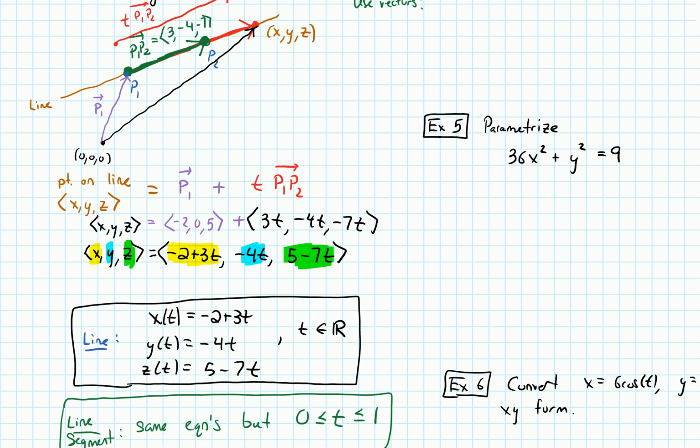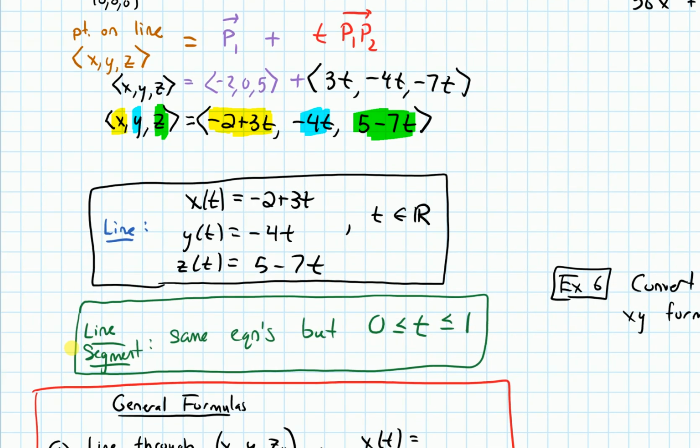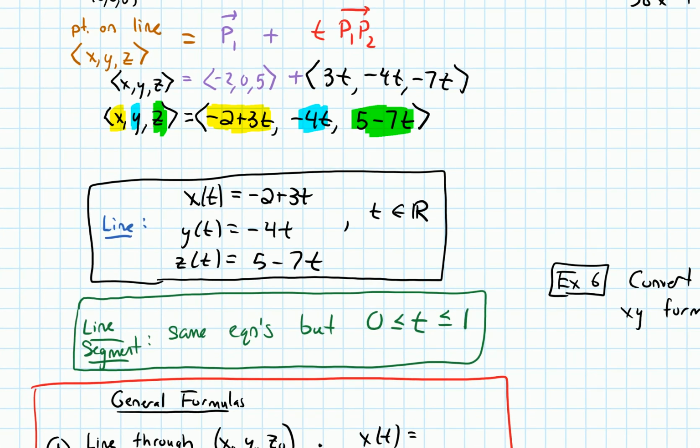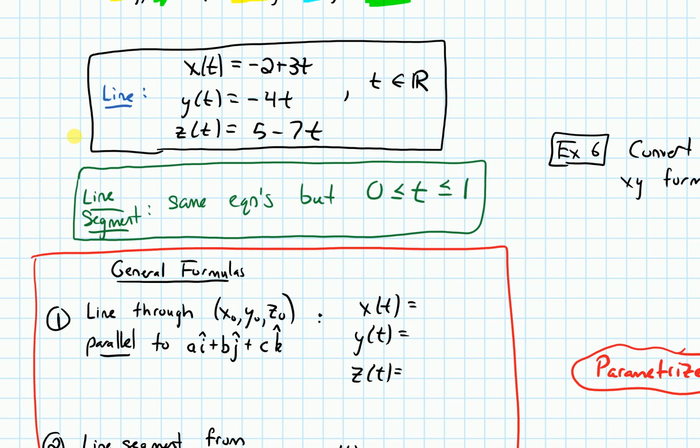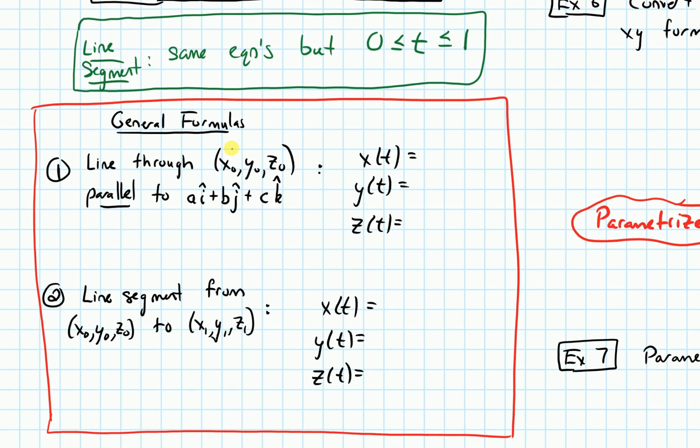Okay, so now that we've done it for this example, we can state the formula in general. Let's write down formulas for first a line through the point x naught, y naught, z naught, that's parallel to the vector ai hat plus bj hat plus ck hat.